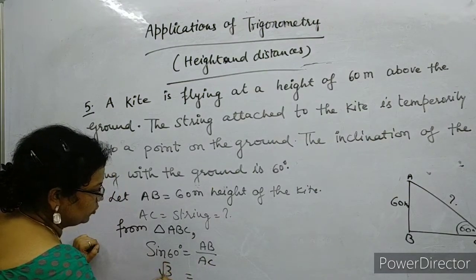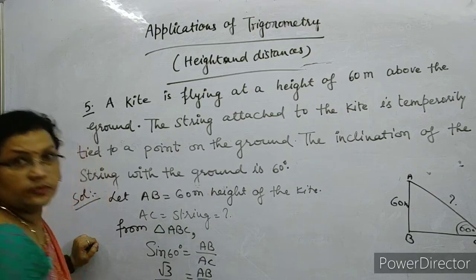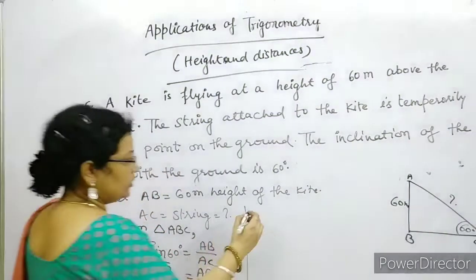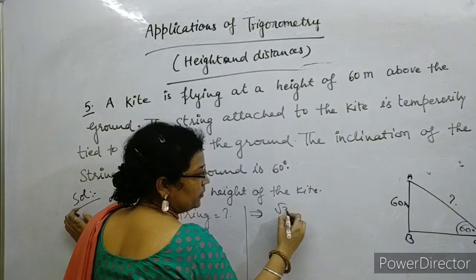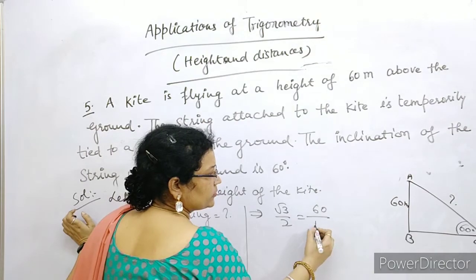Sine 60 degree is root 3 by 2, so root 3 by 2 equals 60 by AC.